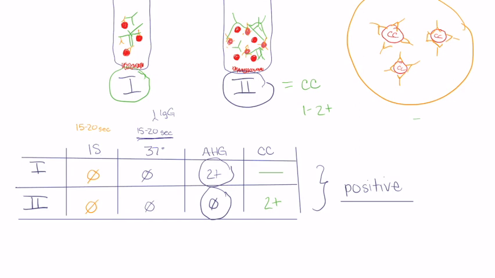So we're just screening to get a positive or negative. And now we have to take the next step, okay? We have to take the next step to actually identify. We want to identify what's causing this positive reaction here.